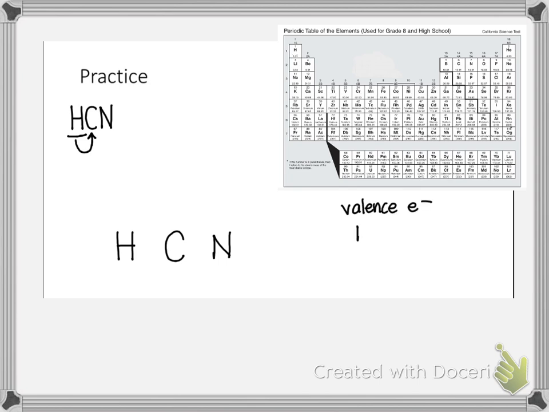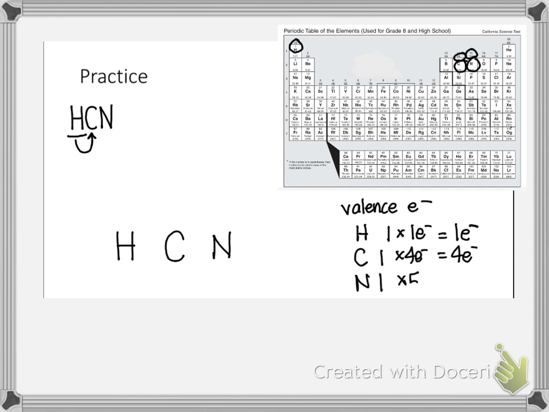Now I'm going to add up the valence electrons. I have one hydrogen with 1 electron. Carbon has 4, so I have 1 carbon with 4 electrons. And nitrogen next to it has 5, so I have 1 nitrogen with 5 electrons.